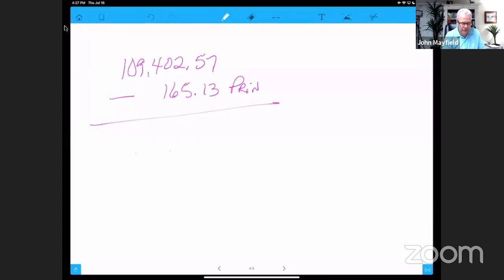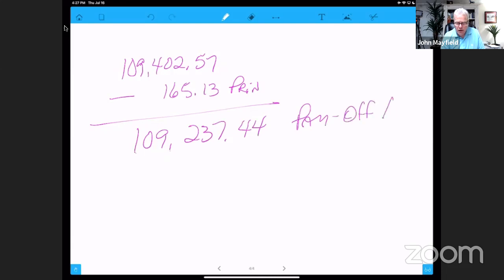And that gives us a balance of 109,237.44. So this will be the payoff for August 1st. That's our new payoff for August 1st.